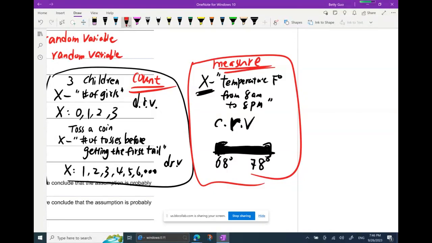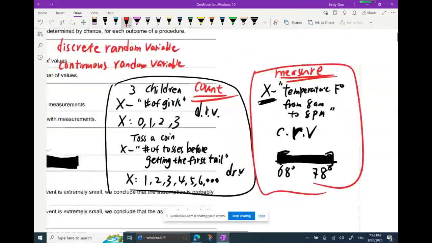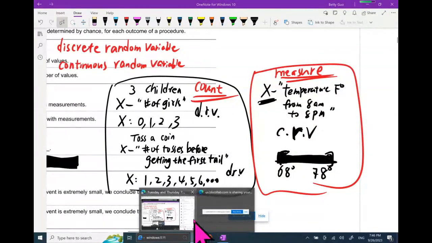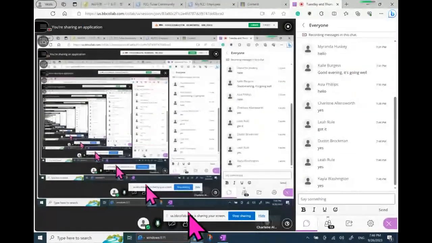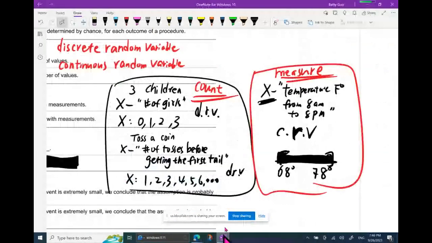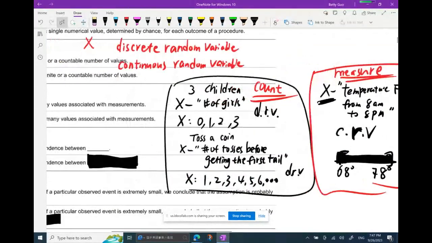In those cases, the random variable is used to measure, then that random variable is a continuous random variable. Let me know, am I clear about the difference between the two types of random variables? They are used to numeralize the results or outcomes of a procedure, a probability experiment.